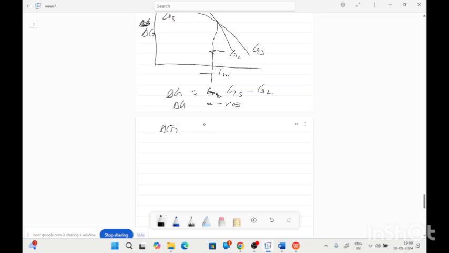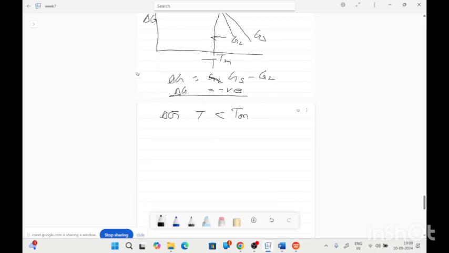So only at a temperature less than the melting point will the delta G value favor the solidification.